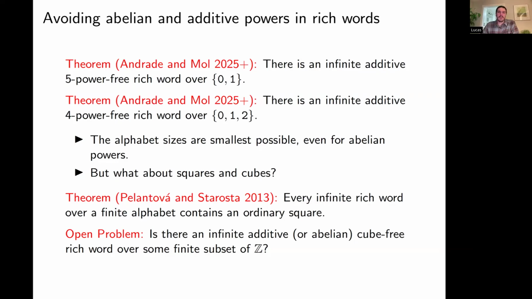I think even over the alphabet 0, 1, 2, 3, our backtracking search didn't end. I could be misremembering, but we really don't know for additive cube-free rich words. We're really not sure whether such a word exists. Okay, so questions about that?